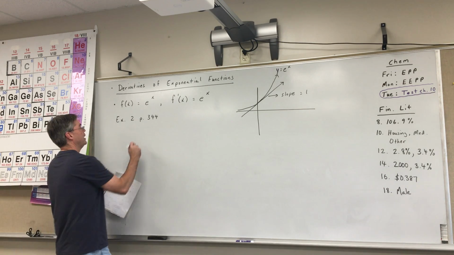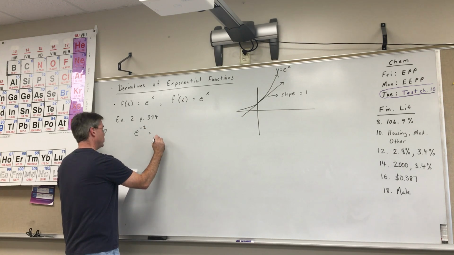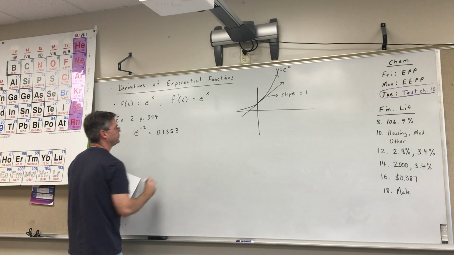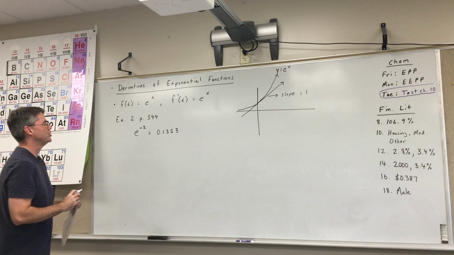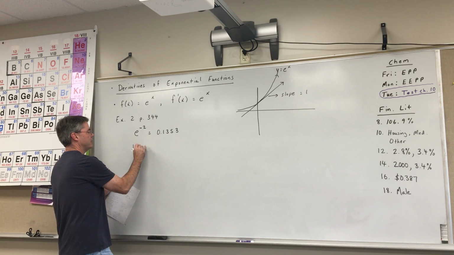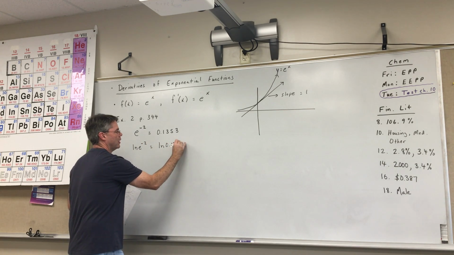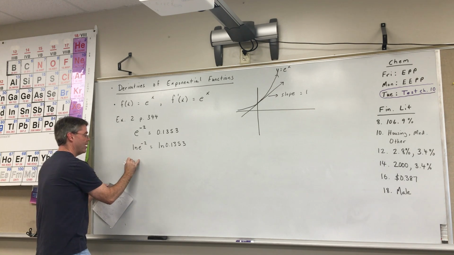So our first one is e to the minus 2 is equal to 0.1353. All right, so what you can do there is take the natural log of both sides, then we can bring this negative 2 as a coefficient out front.